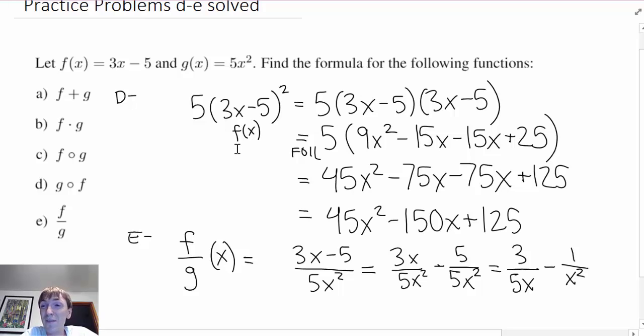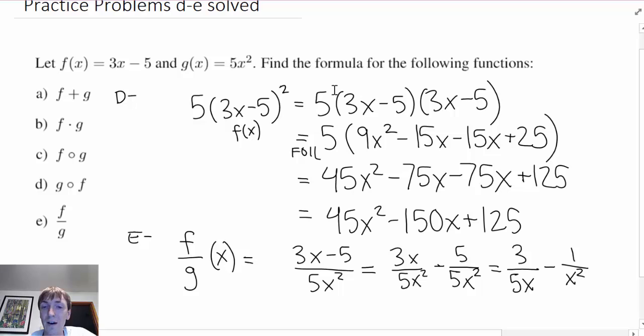Okay, simplifying this one is probably the toughest simplification of the bunch, because to simplify the (3x minus 5) squared, we actually need to FOIL that out as (3x minus 5) times (3x minus 5). What I absolutely cannot do is take that square and distribute it to write (3x) squared minus 5 squared. Those are just 2 different things.